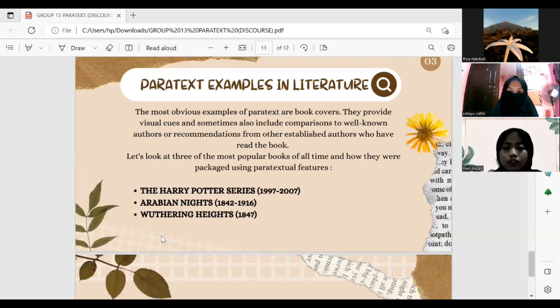And then we have Arabian Nights, around 1842 to 1916. It is originally known as One Thousand and One Nights. The Arabian Nights is a collection of folk tales translated into English and other languages.